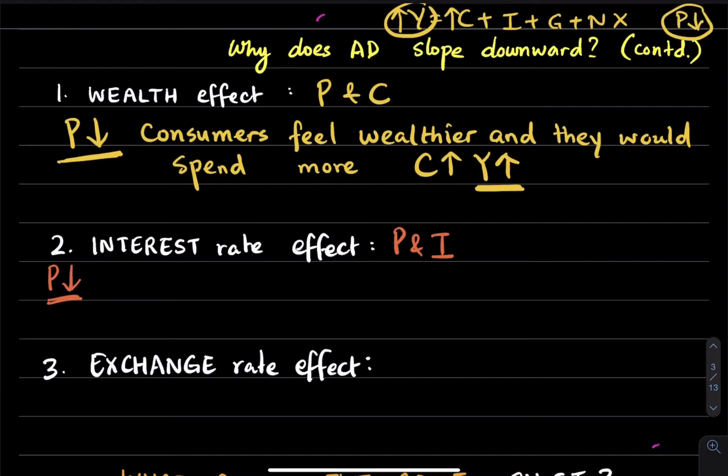At a lower price level, households would have to hold less money to buy goods and services, and so they may have more savings. In other words, more private savings, because private savings are the savings of the households. Those savings could be used in buying bonds or stocks or equities, or depositing cash in banks and things like that.